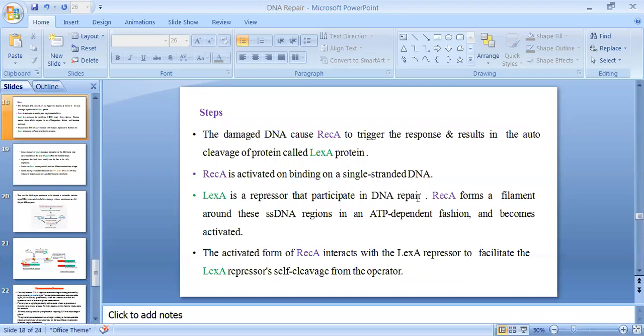So what it does: RecA forms a filament around the single-stranded region in an ATP-dependent fashion and becomes activated, followed by the activation of LexA protein. The activated form of RecA interacts with the LexA repressor to facilitate the LexA repressor's self-cleavage from the operator.